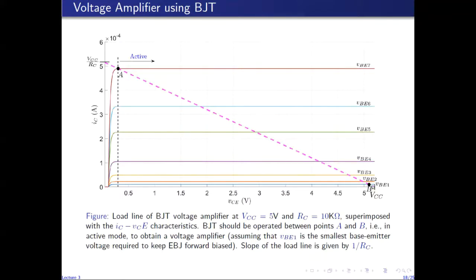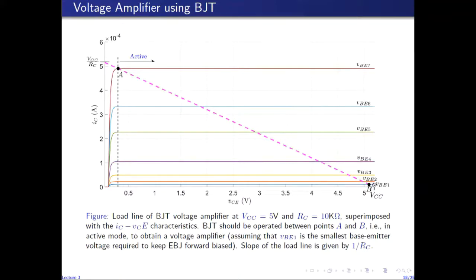So voltages which lie on this portion of the load line correspond to a region of the IC-VCE curves for which VBE is less than VBE1, and we assume that VBE1 is the minimum voltage required to turn the transistor base emitter junction on.